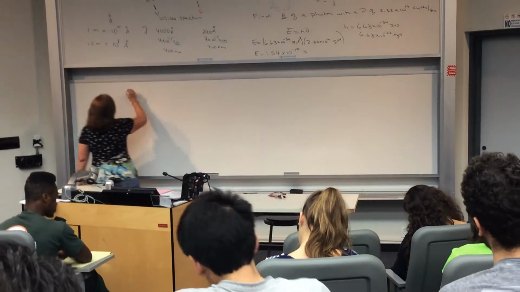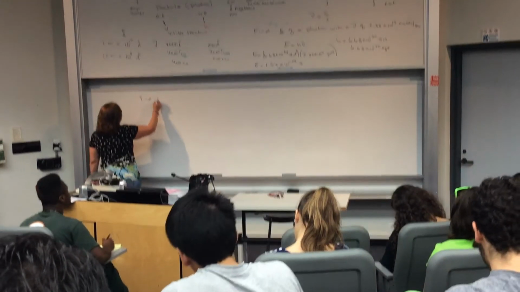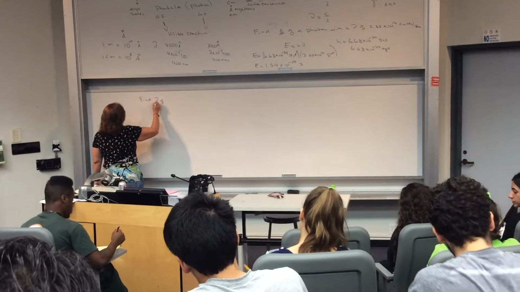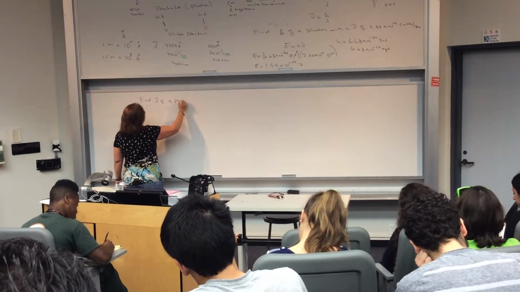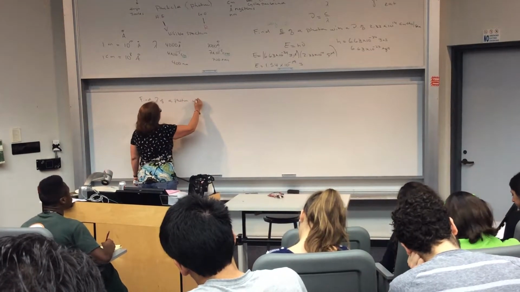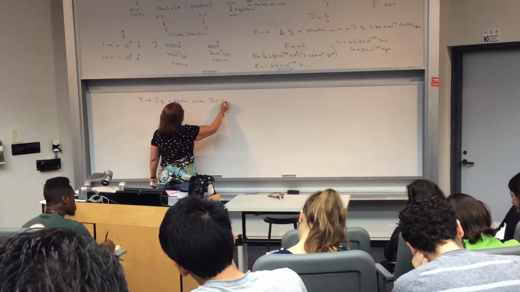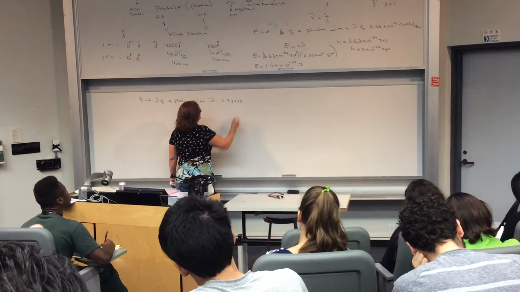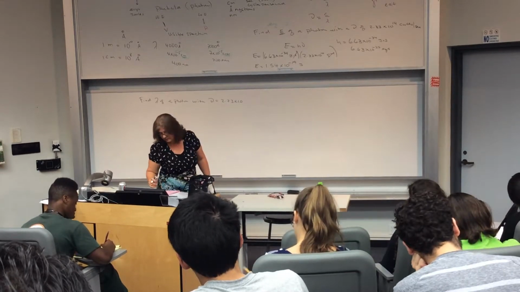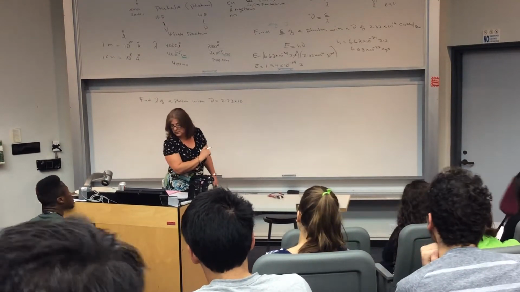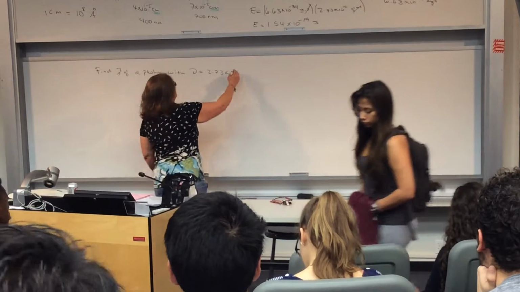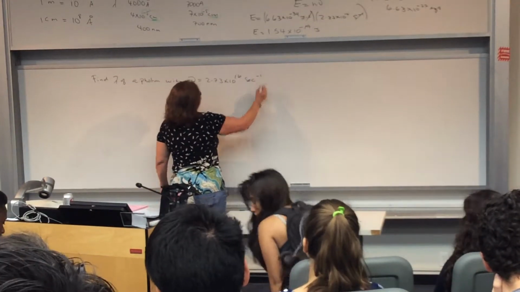Find the wavelength of a photon with a frequency of 2.73 times 10 to the, I said 16, right? 16. Seconds to the minus 1.